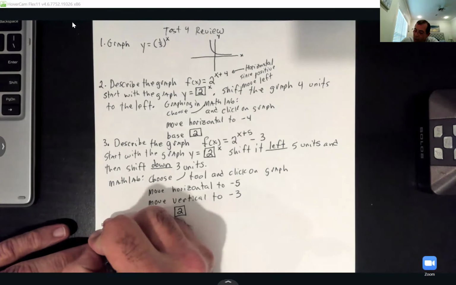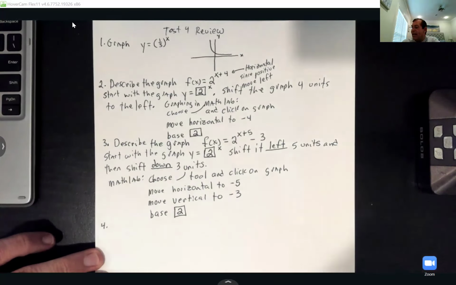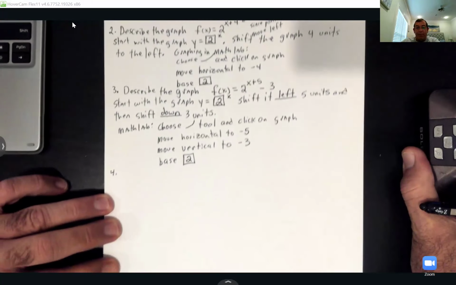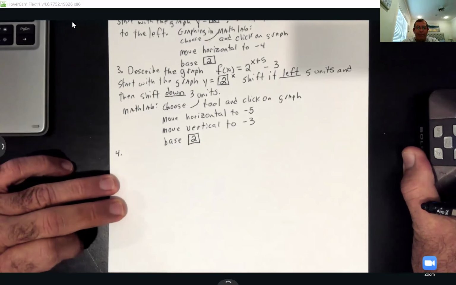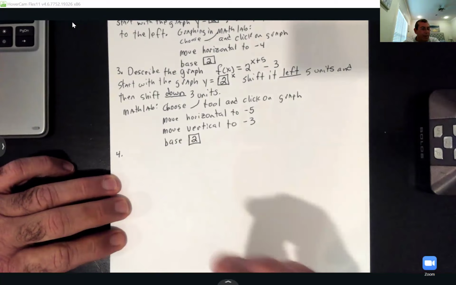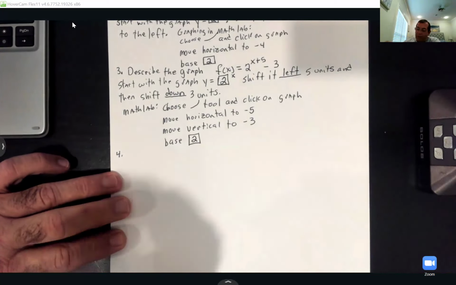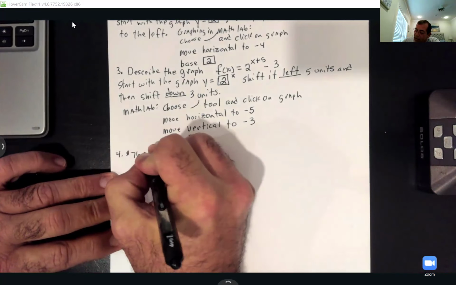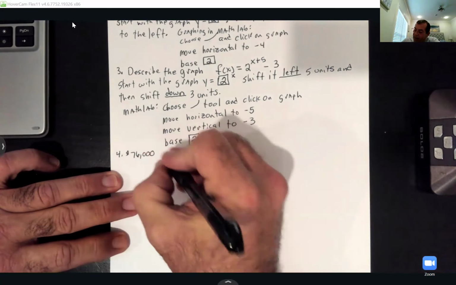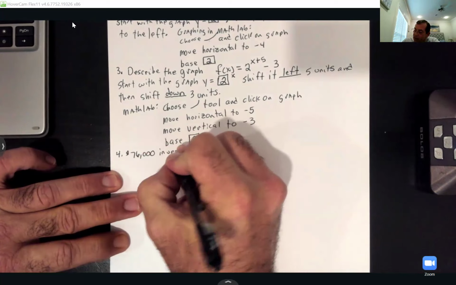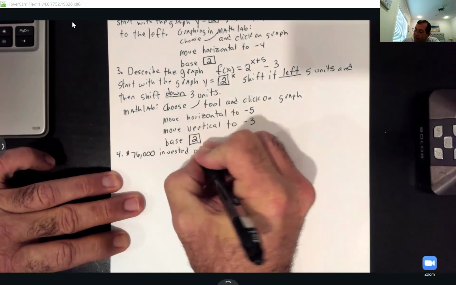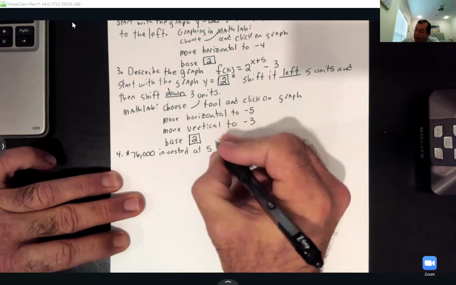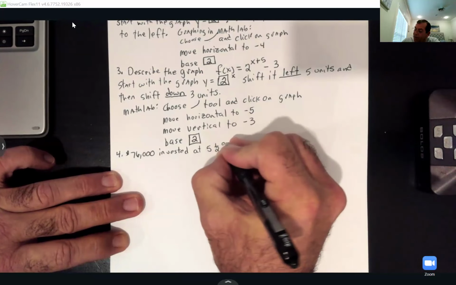Alrighty, so number 4 is an investment problem. Okay, so let me give you the information. So first they're saying $76,000 is invested at 5.5% interest.